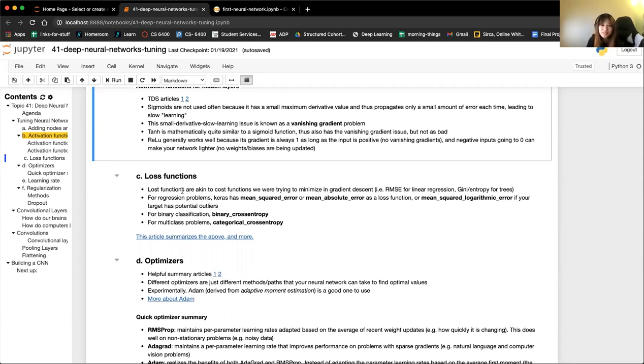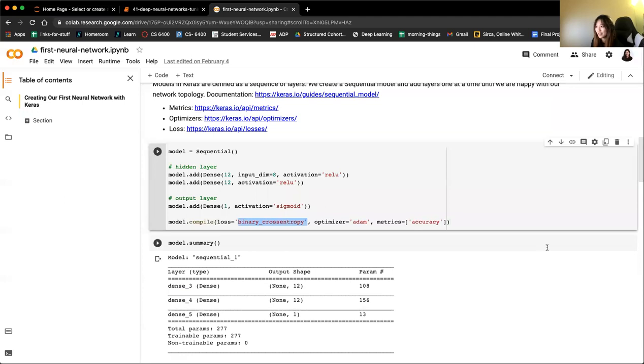Again, it really depends on the problem you're trying to solve, which loss function you use. For example, for regression problems, Keras has mean squared error or mean absolute error as your loss function. You just feed that in here, and it'll compute your loss with your train and test set and try to optimize for that.